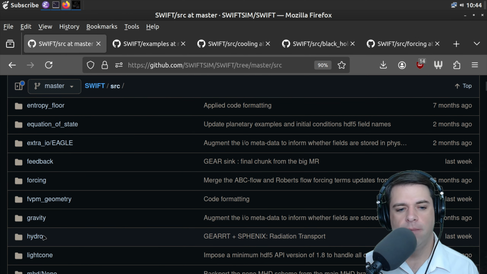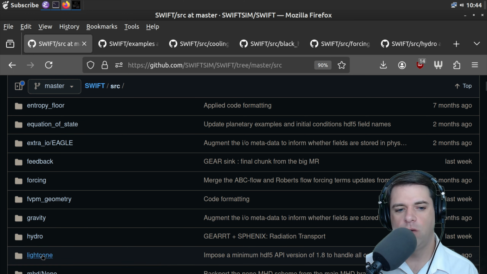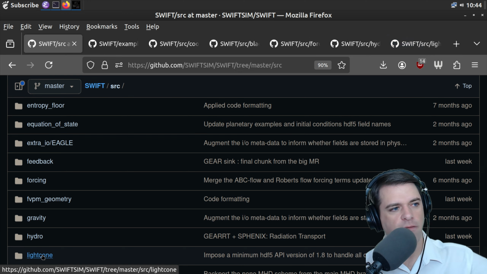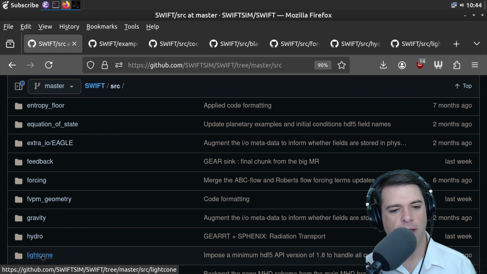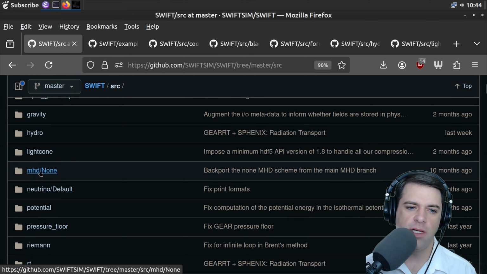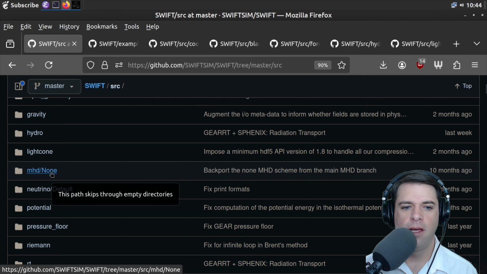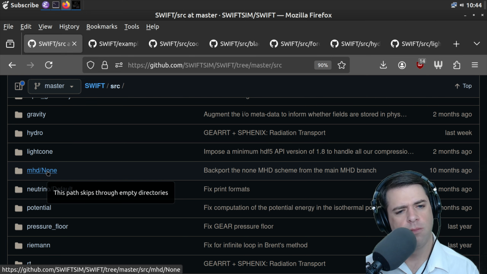We have hydro, probably something hydrodynamics. Light cone should be for the light cone of a space-time. MHD, possibly magnetic hydrodynamics.